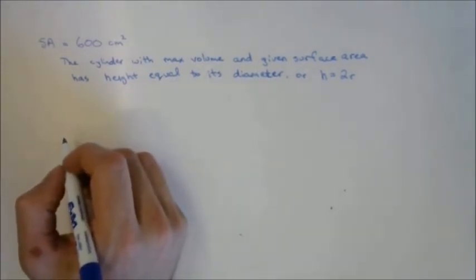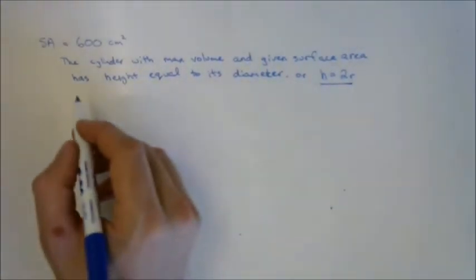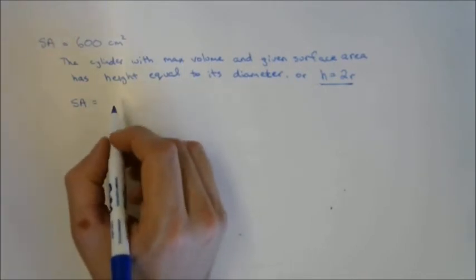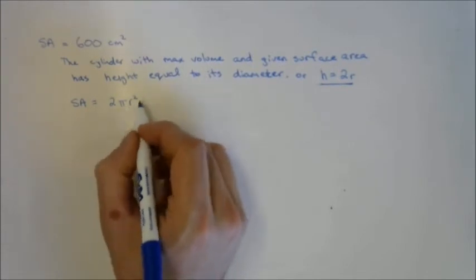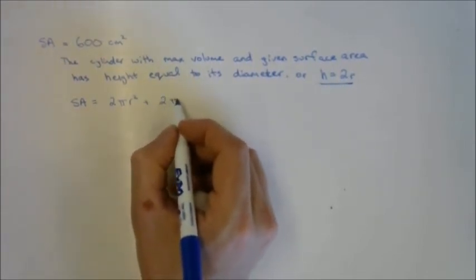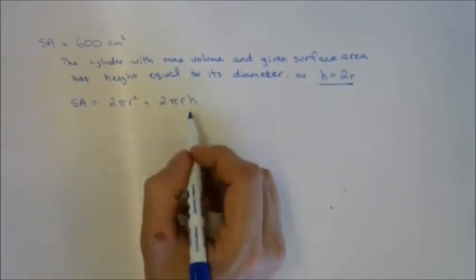So here we go. We know that h equals 2r. So we're going to take our surface area formula for a cylinder, which is 2 pi r squared, the area of both the bases, plus 2 pi r h, which is the area of the rectangular wrap.